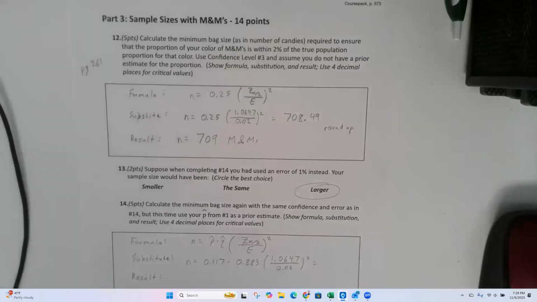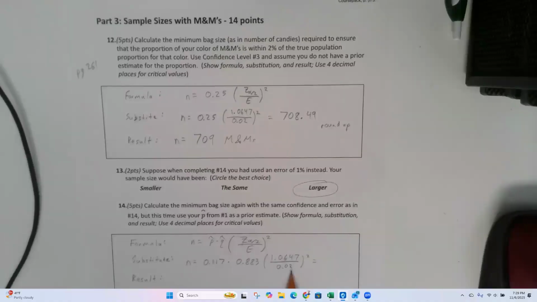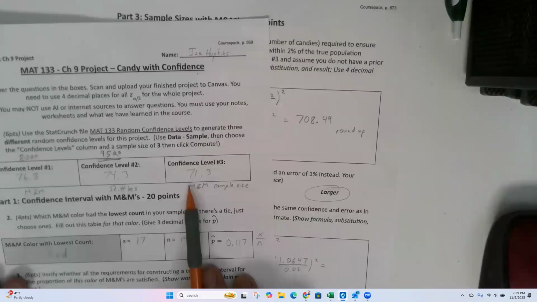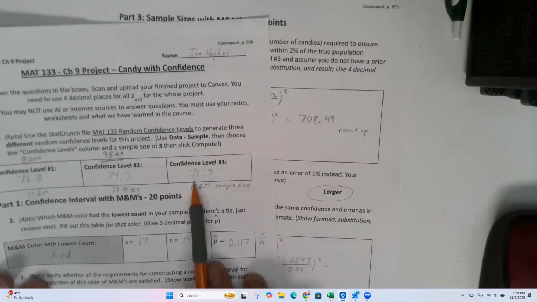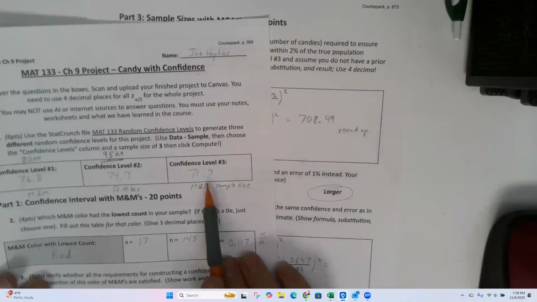So I know there's a lot of proportions flying around. So it can be hard to keep track of everything. So your margin of error is small. Okay. Your confidence level is large. A normal confidence level is like 95%. Alpha is the opposite of that, so it would be 5%.